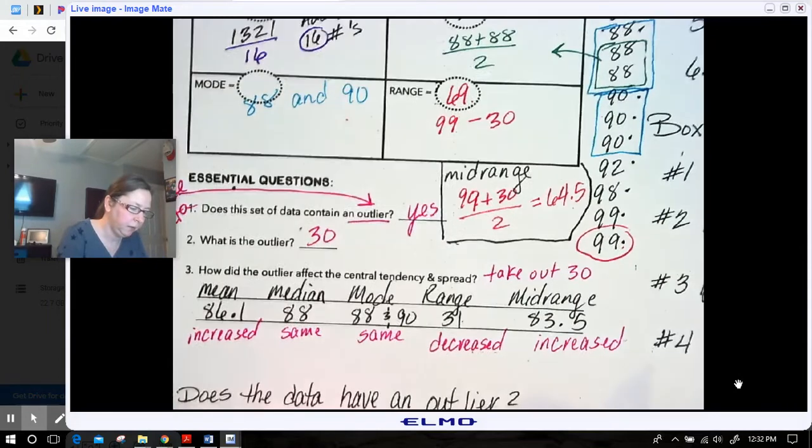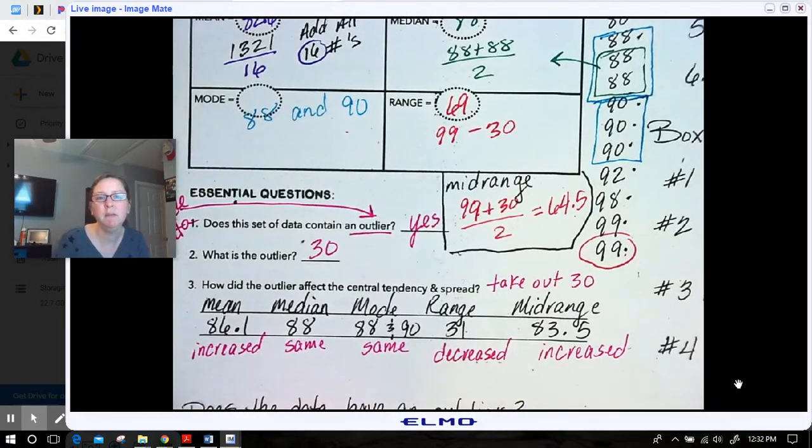All right, so that is my central tendency and my spread. Okay, the central tendency is kind of the middle, and that increased. The spread would be the range and mid-range, and the range or total spread decreased. Okay, but the mid-range increased. All right.